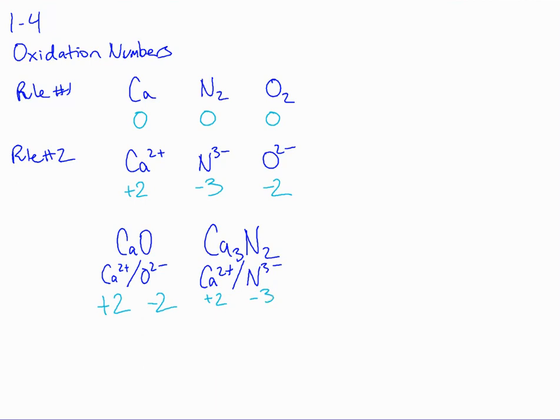But if you total them out, so you notice that each calcium is plus 2, so you would have positive 6 and negative 6, which ends up being that neutral compound like we need. But the oxidation number of calcium is expressed in terms of a single ion, just like nitrogen is a single ion. So we do not want to write plus 6 and minus 6. We want to keep it in terms of individual atoms, individual ions.